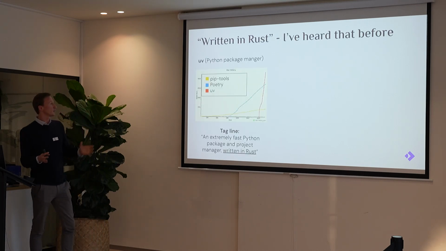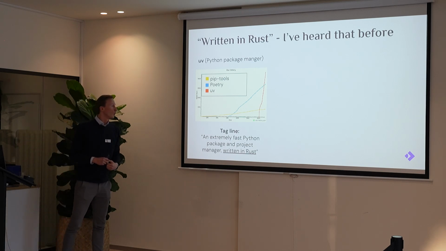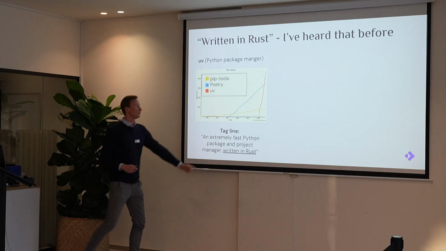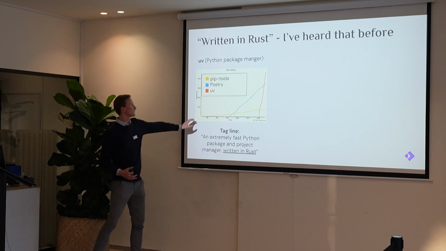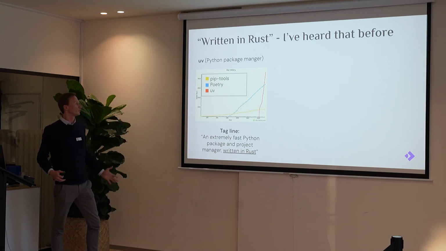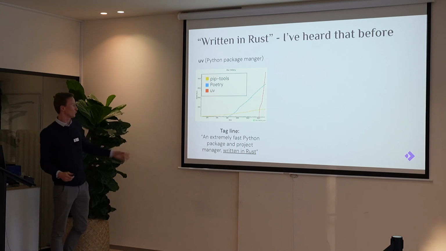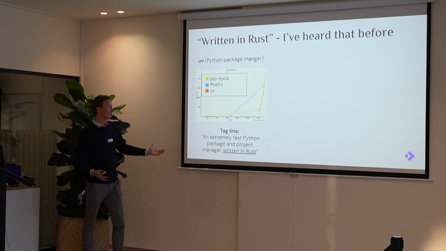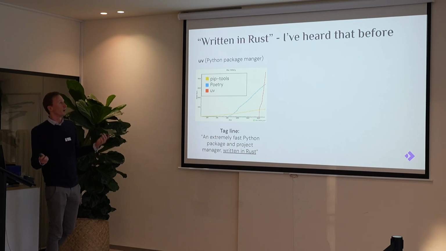One that you may have heard about is UV, a Python package manager, which only started in 2024, but if you compare it to the competitors, pip tools and Poetry, they really, in number of GitHub stars, are exploding and really taking over their space in the market of Python package management. That's one of the examples of a popular tool being written in Rust and gaining a lot of popularity.